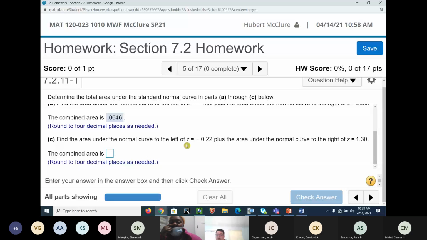All right, what is negative 0.22? Well, let me put my numbers in, and then I'll show you what my drawing looks like. 0, 1, 2, 3, -1, -2, -3.